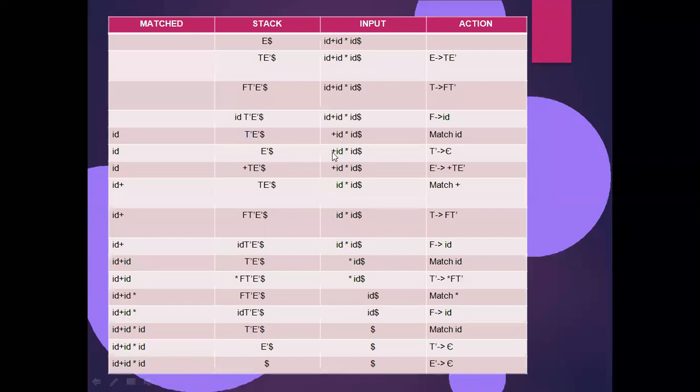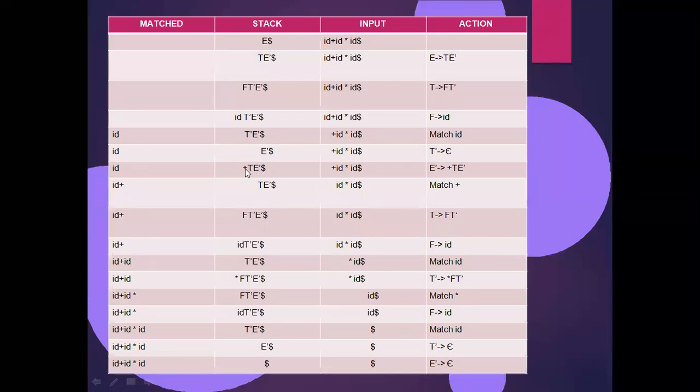In the table, when we are reading move E dash with plus, we are having the rule E dash tends to plus T E dash. Just push this right hand side into the stack. Now it becomes plus T E dash.